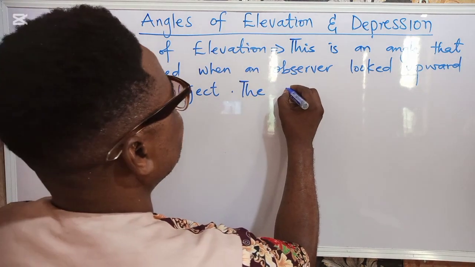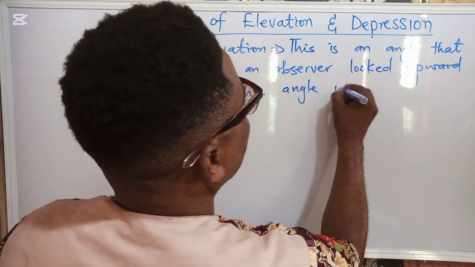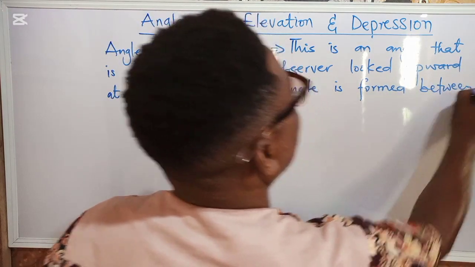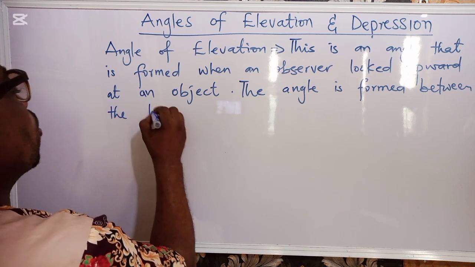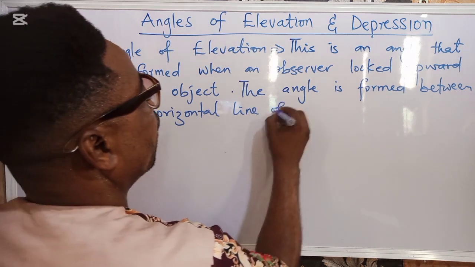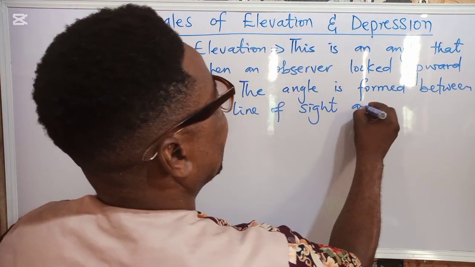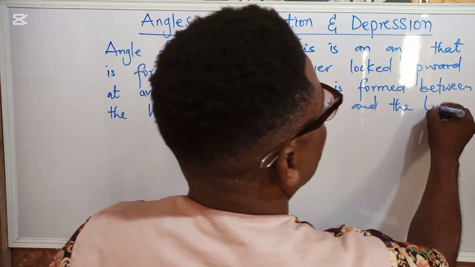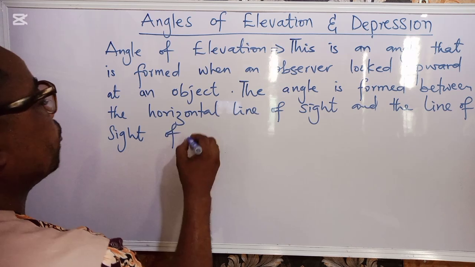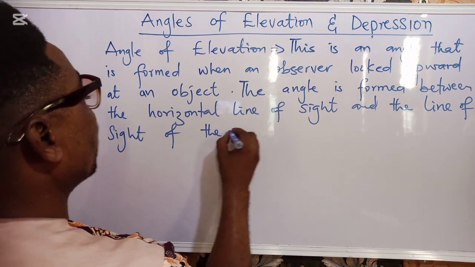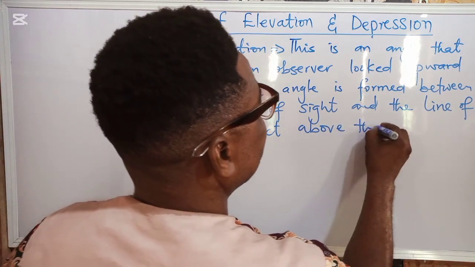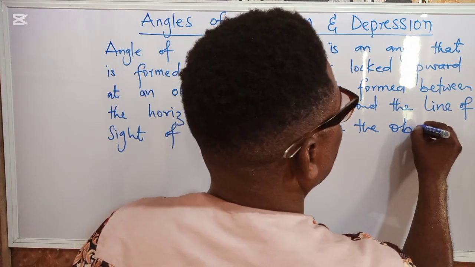The angle is formed between the horizontal line of sight and the line of sight of the object above the observer.